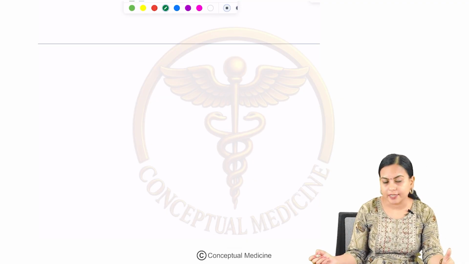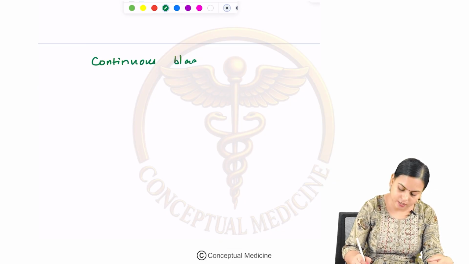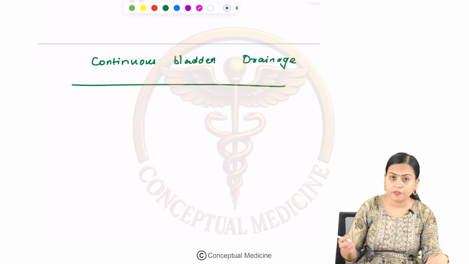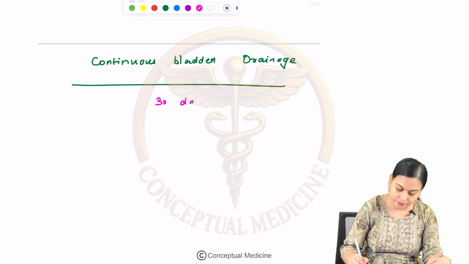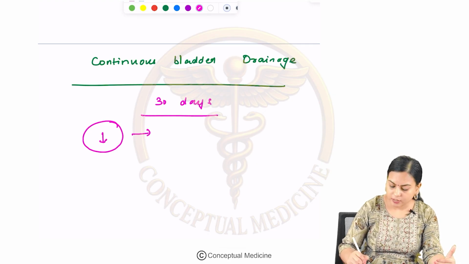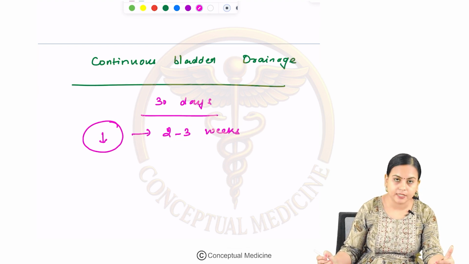You should offer them, yes, CBD, that is continuous bladder drainage. This is the conservative management. Okay. This can even be offered for 30 days. Suppose a fistula decreases in size, then you have to give them additional 2 to 3 weeks.